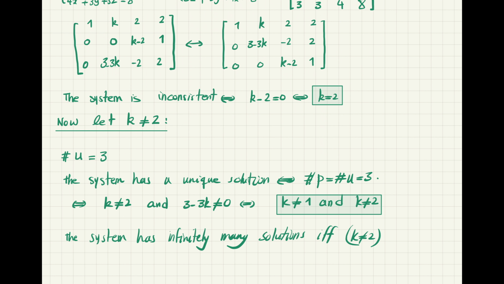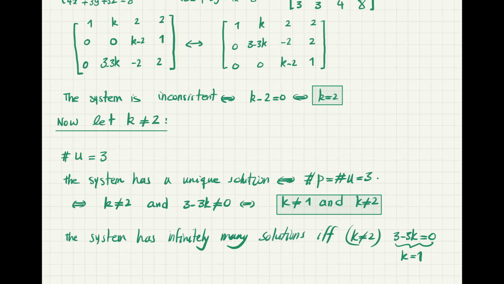You don't need to write it all the time, but then 3 minus 3k is equal to 0. Okay? And so this means that k is equal to 1. And then you realize you don't need to emphasize here, because when you say that k is equal to 1, automatically you are also considering this condition.